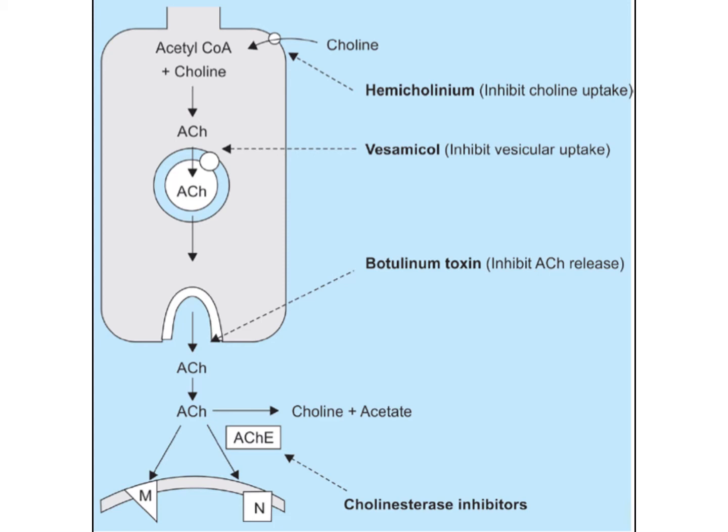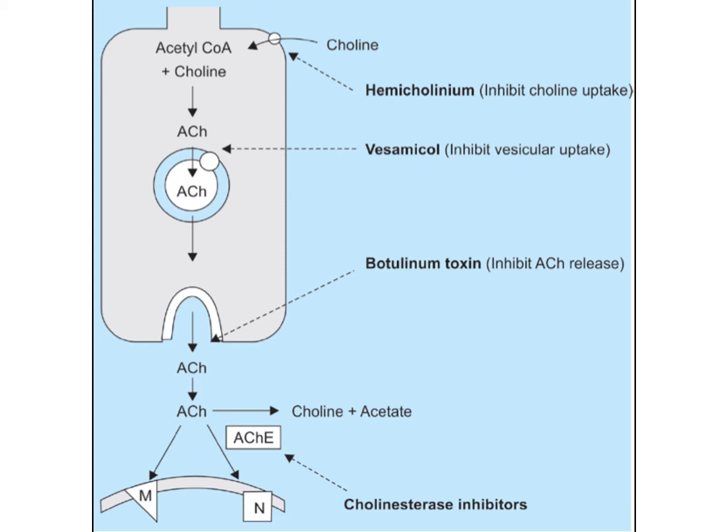Furthermore, after the arrival of the nerve impulse, when acetylcholine is released by the process of exocytosis, botulinum toxin inhibits the exocytosis and release of acetylcholine into the synaptic cleft.